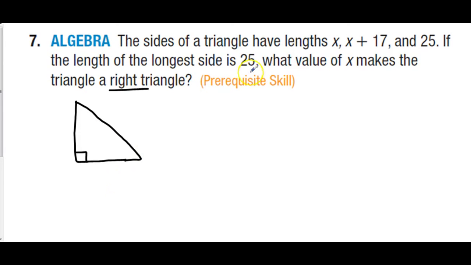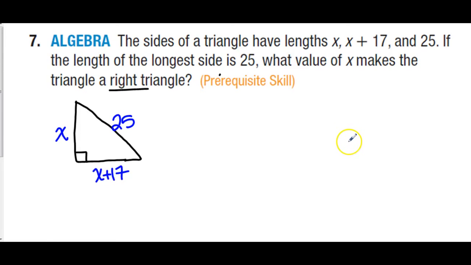And let's talk about these side lengths. X, x plus 17, and 25. We need to recall that for all right triangles, the longest side of a triangle will always be its hypotenuse. So if I'm told that the longest side is 25, that means that 25 automatically comes over here, and then my remaining values are my legs.